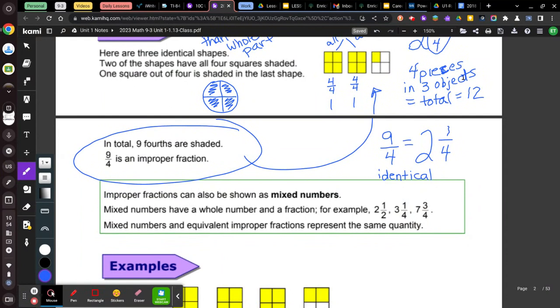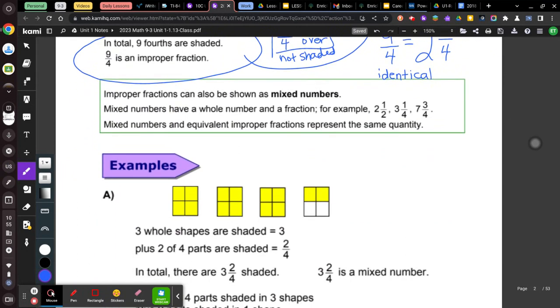So that would be 12 total. I ate 9 of them. Okay, so how many would be left over that are not eaten? You would say 3 out of 4. So I would say 3 out of 4 are left over. Okay, that's the not shaded. This stuff is not shaded.